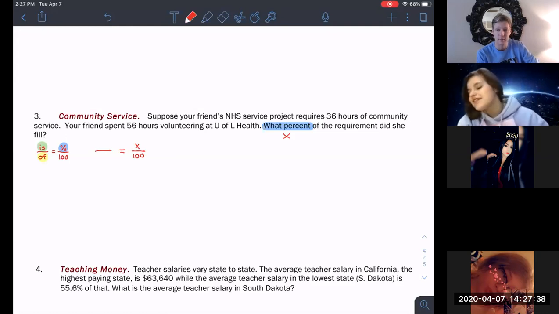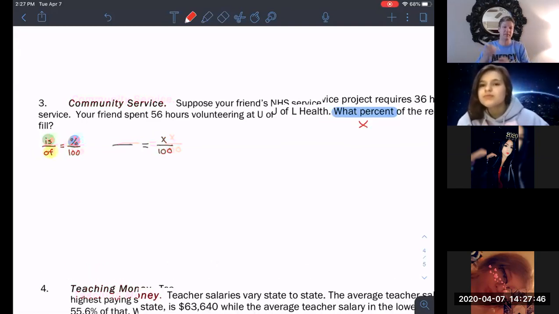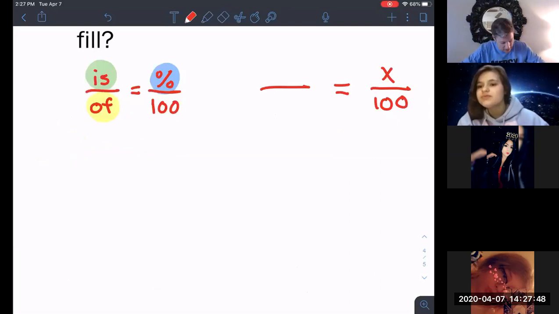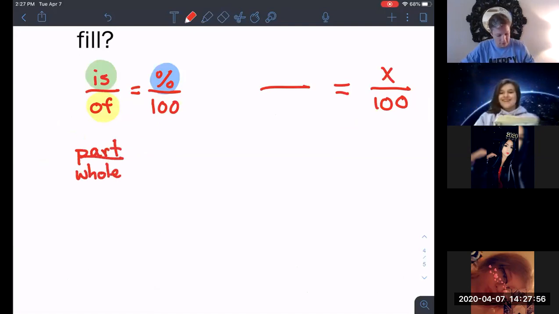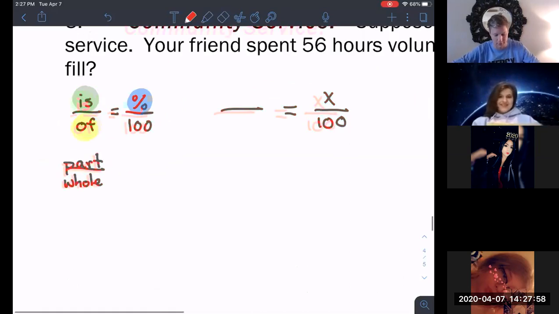Is that the is number or the of number? You would think the is, because it's the smaller of the two numbers. But in this case, remember, is over of really means the part over the whole thing. And what is the whole requirement for service projects?